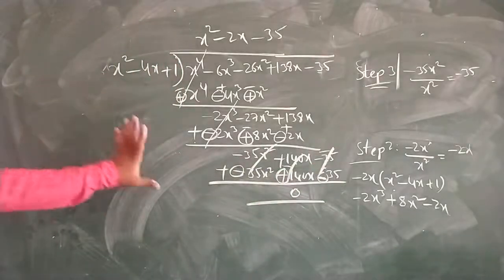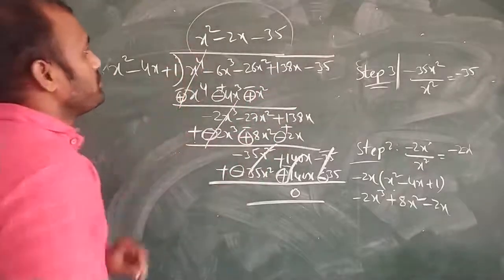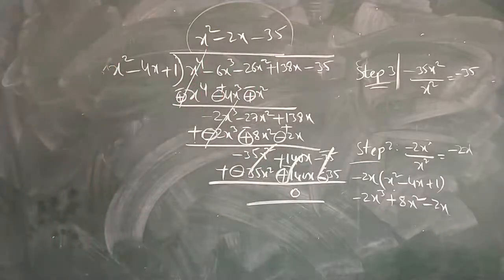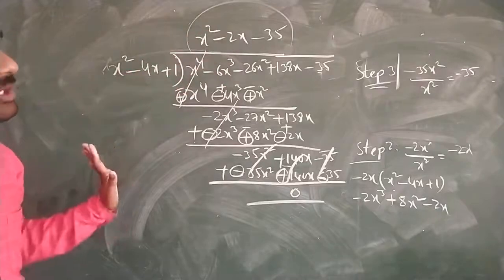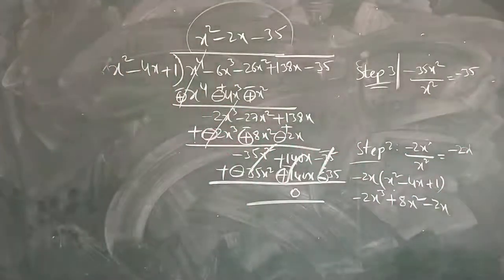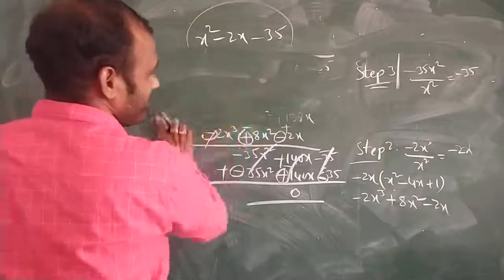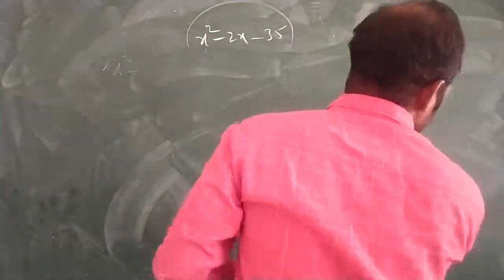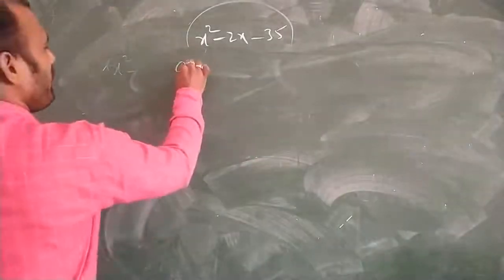Now, when we are doing a division like this, we are getting a quadratic polynomial, that is x square minus 2x minus 35. So based on this quadratic, we can expect that we are going to get the other 2 zeros from this quadratic polynomial. As we have done previously, splitting of the middle term we have to do. a value is 1.